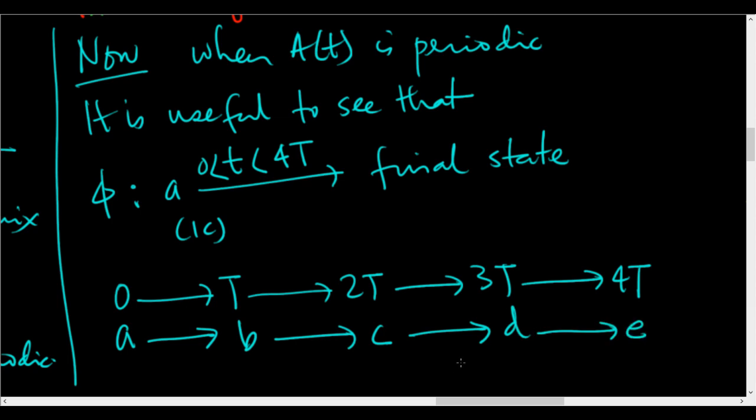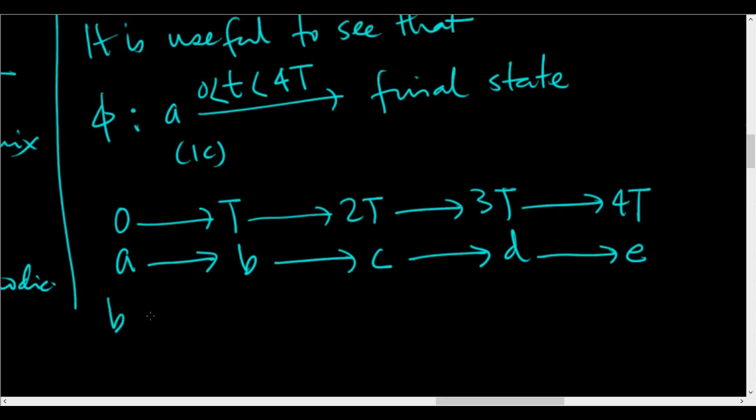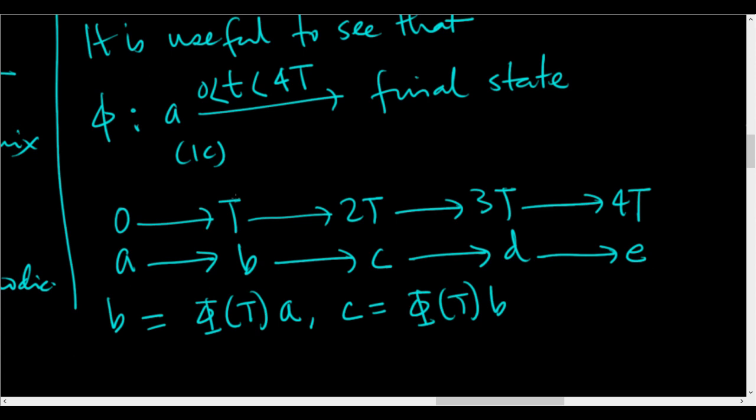Okay, now the part that I want you to think through and be very comfortable with is that b is actually equal to phi of T times a, and c is equal to phi of T times b. That is because A is time periodic. So the mapping from here to here is exactly whatever it is from here to here.